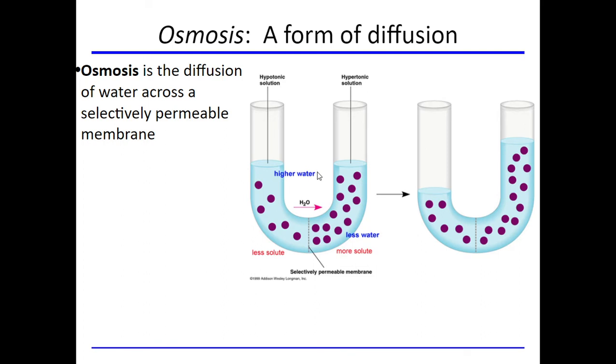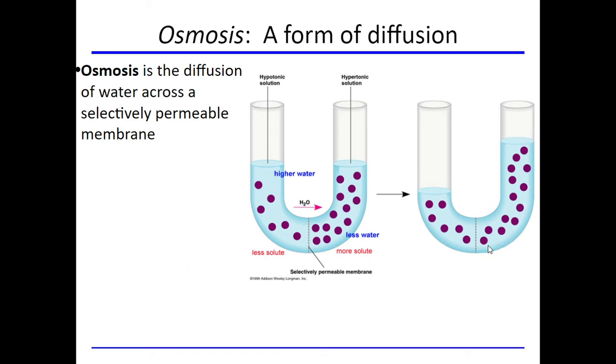And in this situation, what we see here after time is that the water has, quote, moved, and by quote I mean it really did, it just isn't alive to make that decision, it's just natural tendencies. The water has moved to the hypertonic from the hypotonic solution, because now these two are going to be of equal concentration.